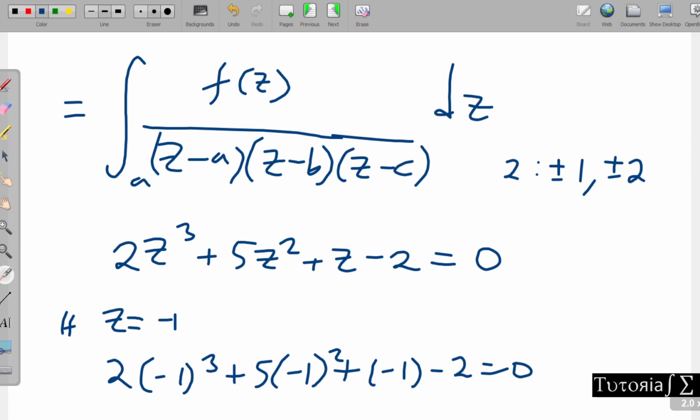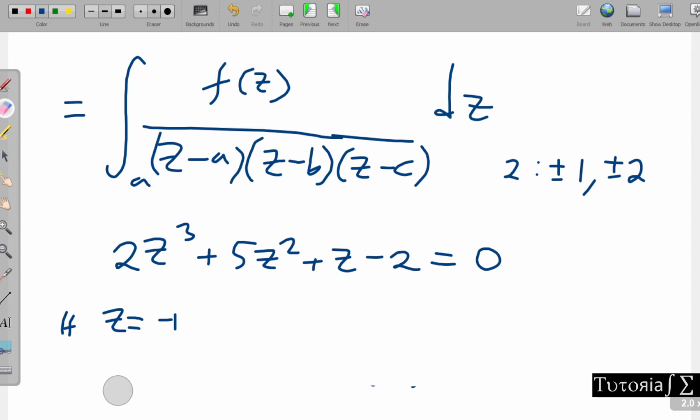So the first factor you found is z equals -1. In other words, you found the first a here. Now you need to find b and c.